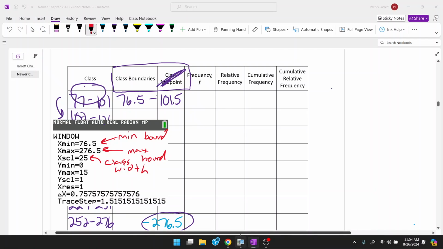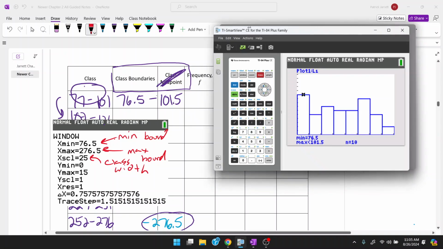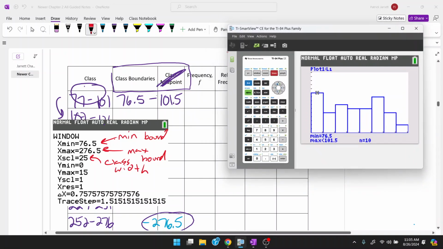Now, when I go to graph this, I see something like this. Now, the nice thing is I can hit trace, and I see I have 10 in that first group. Frequency, keep in mind again, is the count or how many. So we have 10 there. In the second group, we have 5.